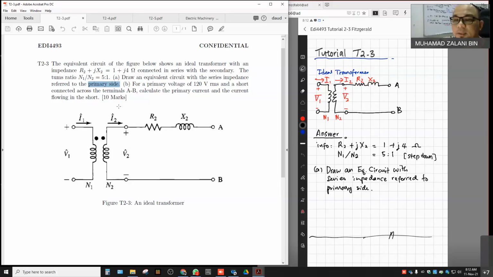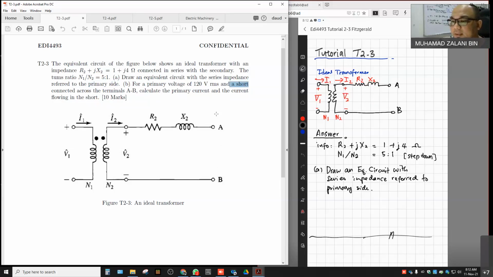Just like that, right? And B, for a primary voltage of 120 volt RMS and a short connected across the terminals of A, B, calculate the primary current and the current flowing in the short.